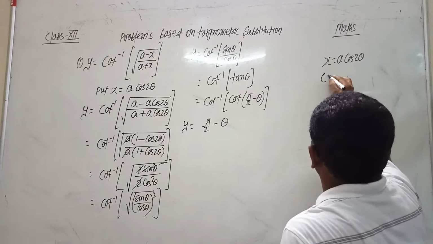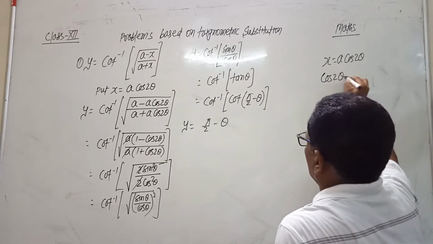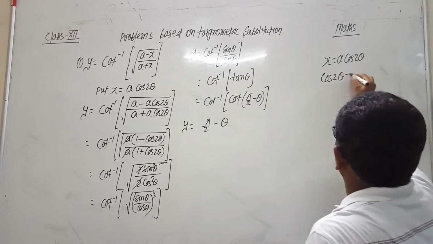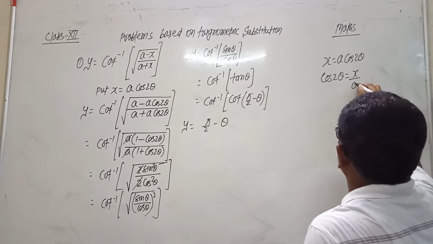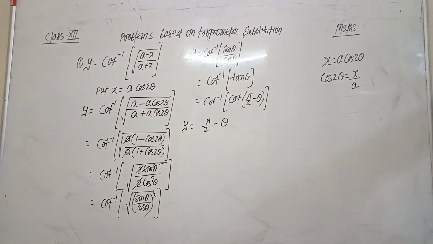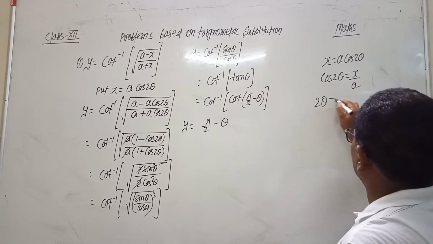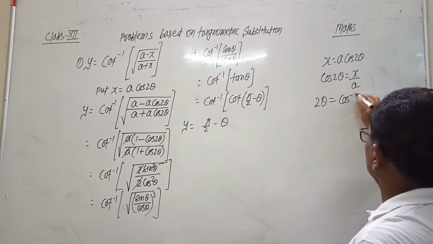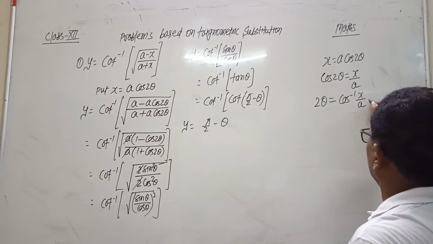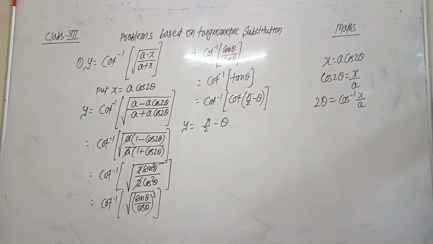The value of cos 2 theta comes to be x by a. And 2 theta becomes cos inverse x by a, as cos goes to the right side and becomes inverse.